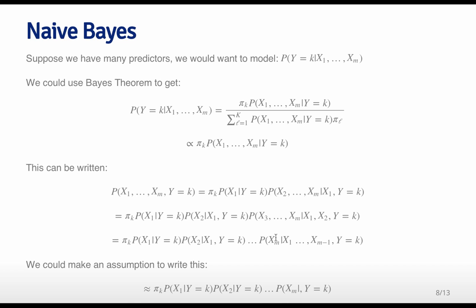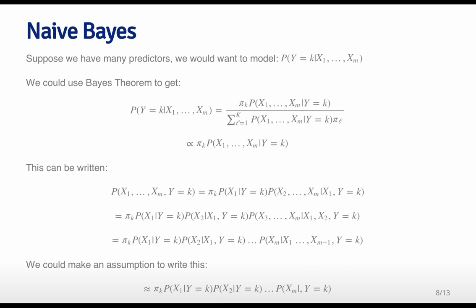But one assumption you could make to make this quite a bit easier would be to just assume that all of the predictor variables are independent of each other, in which case they drop out of this conditioning argument, and you end up with the prior probability times the probability of each feature by itself conditional on being in each class. Now this is a kind of a naive assumption because we're assuming that all of the features are independent, even though we know they're probably not, and that's why this method has the title naive Bayes.